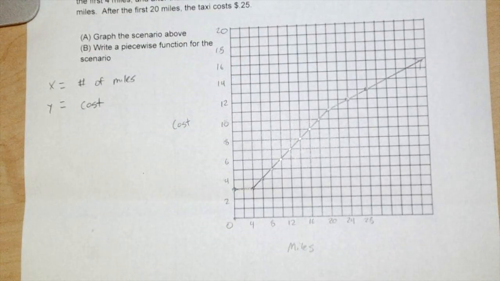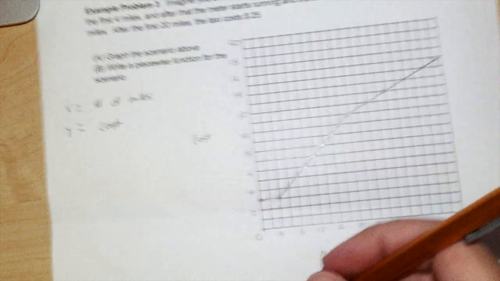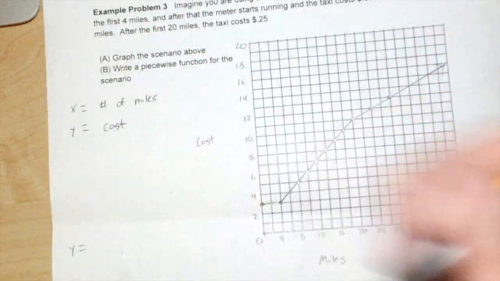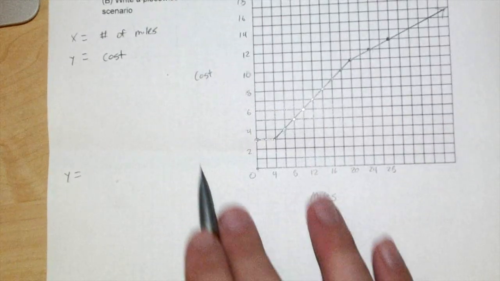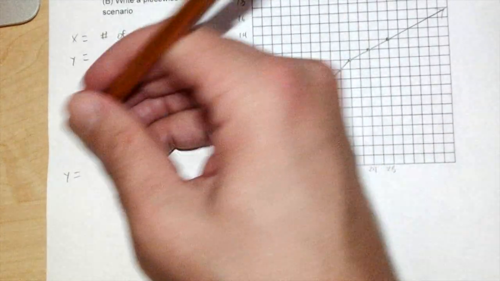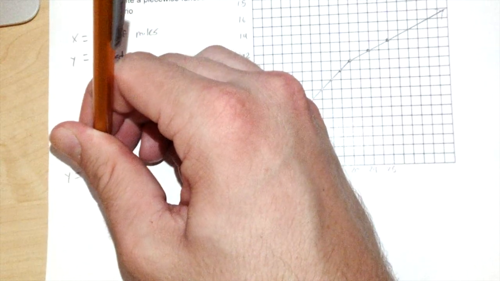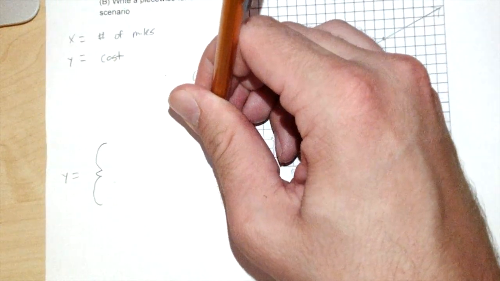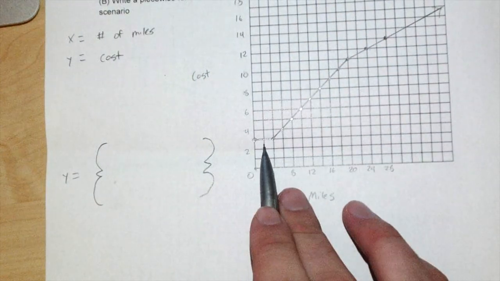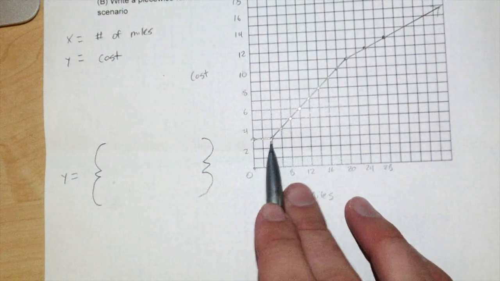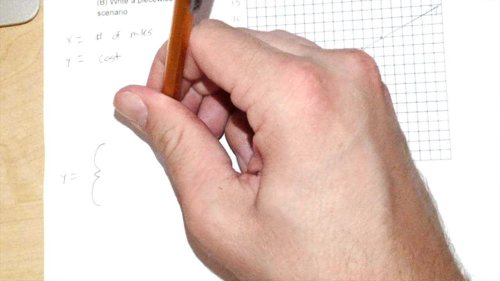Okay, so the equations here might be a little harder, but you can do this either way. Sometimes I just like to write my intervals first. The first interval is from 0 to 4, right? The first 4 miles.